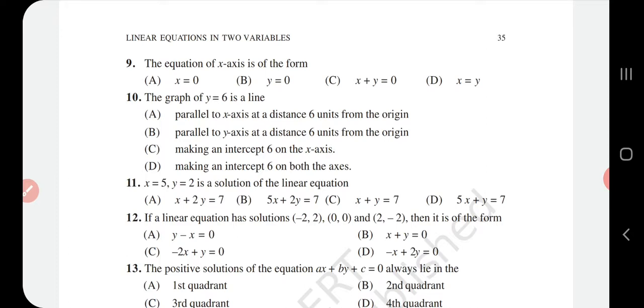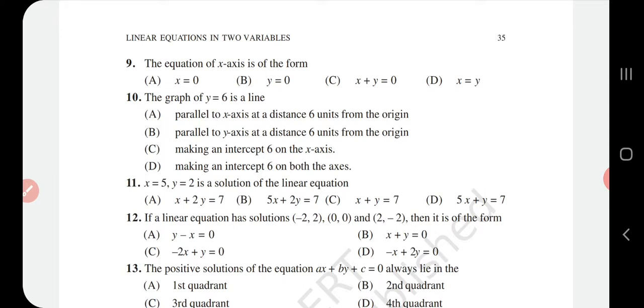Okay, so its graph is a line parallel to x-axis. So the graph y is equal to 6 is a line parallel to x-axis and at a distance of 6 units from the origin. Hence A is the correct answer. Okay, understand? So this way you have solved.